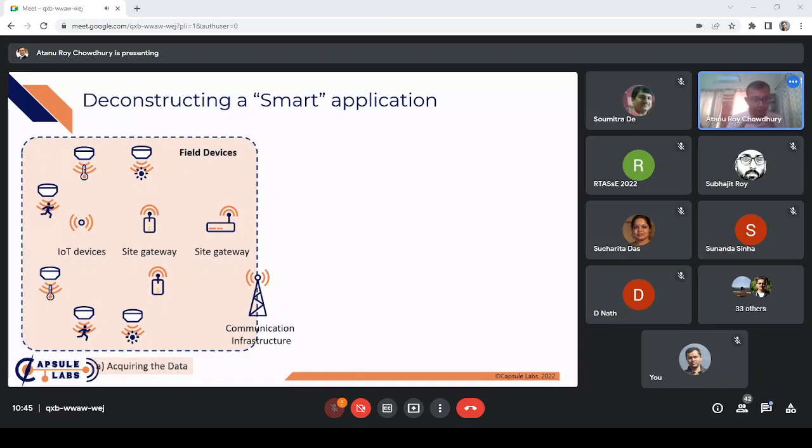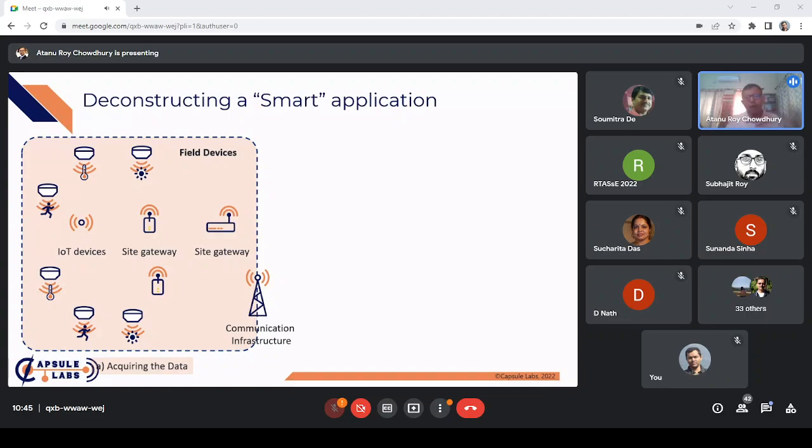Using a communication infrastructure. Whether that communication infrastructure is operated by a third party, like in the case of narrowband IoT, or LoRa, or Sigfox, or it is operated by the provider of the solution, like a Zigbee-based solution or a Wi-Fi-based network, right.